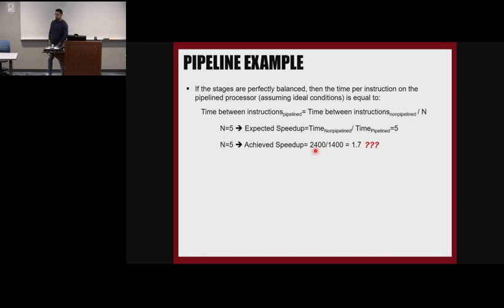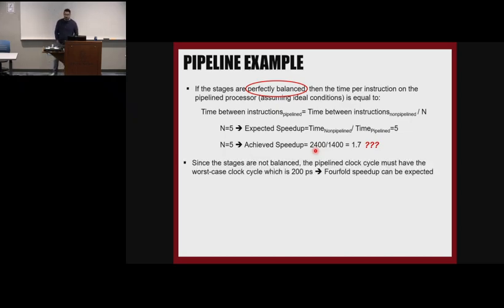The first problem here is we have to pay attention. This is the key word here. If the stages are perfectly balanced, in that case, the stages are not perfectly balanced. We have to consider the worst case. So the worst case needed 200 picoseconds, not 100 picoseconds.